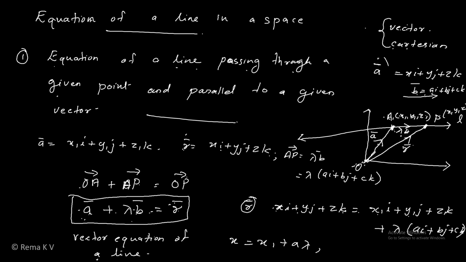Equating the scalar components of i, x1 plus lambda a is equal to x. Y is equal to y1 plus lambda b, and z equals z1 plus lambda c.